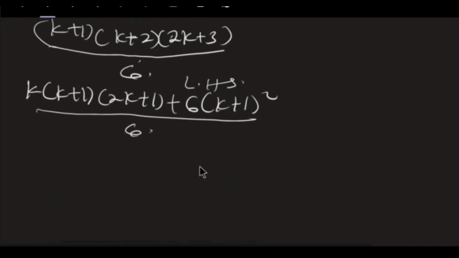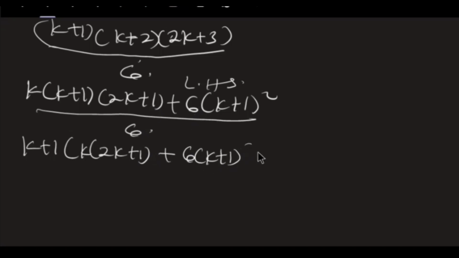So let me go on simplifying. Here I can factorize k plus 1 out. So k plus 1, k multiplying 2k plus 1 here plus 6 times k plus 1, everything here on 6.